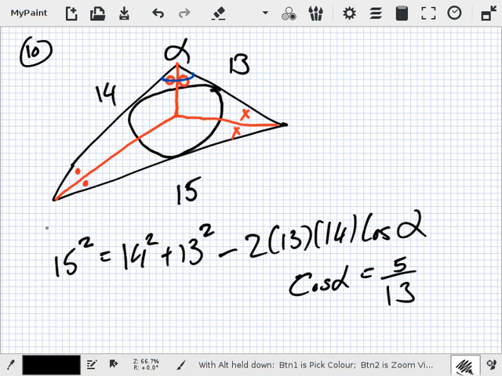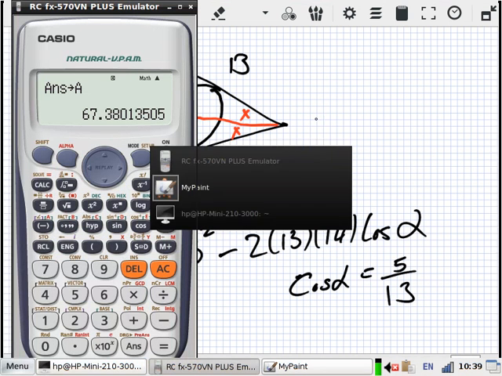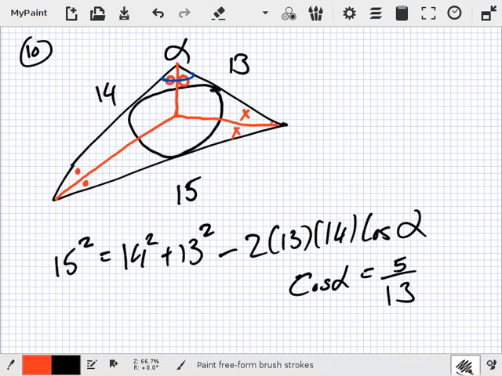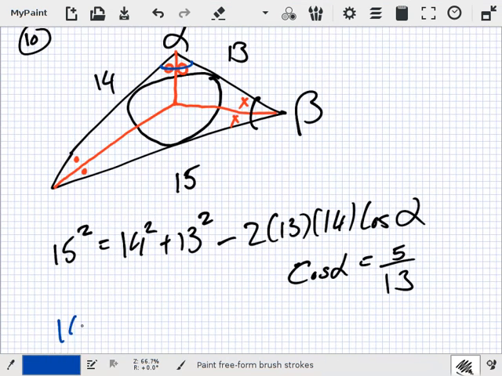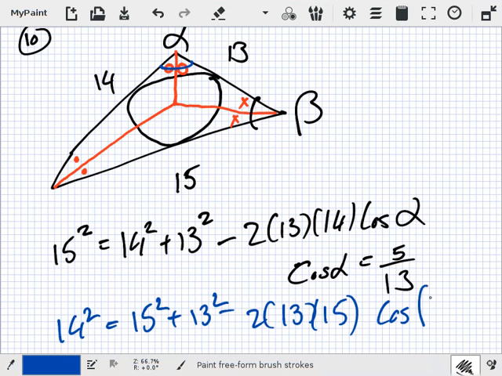Now, you realise this is kind of like the previous question as well. So for the other angles, if I call this one here beta, I can say 14 squared equals 15 squared plus 13 squared minus 2 times 13 times 15 cos beta.